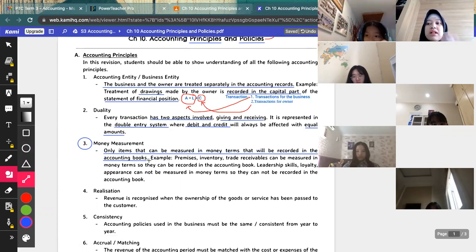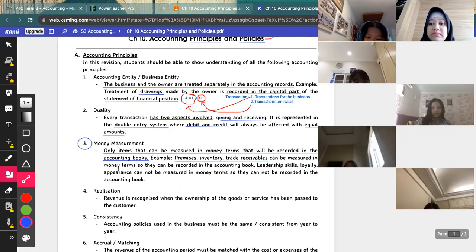For example, premises, inventory, trade receivables, all of them can be measured in money terms. So we can record that in our accounting books. That is why you always see premises, inventory, and trade receivables in the accounting books, and you will see them also in our statement of financial position.